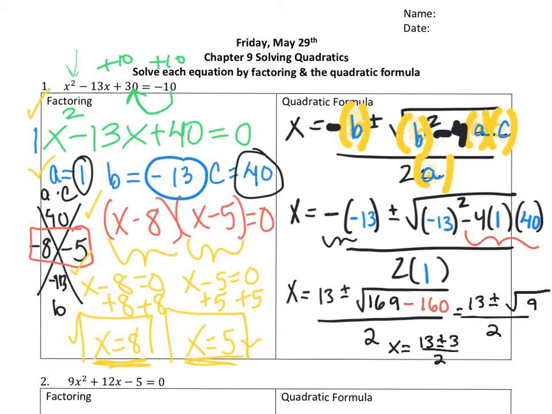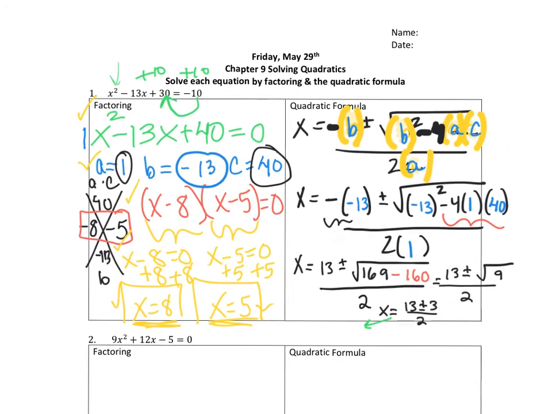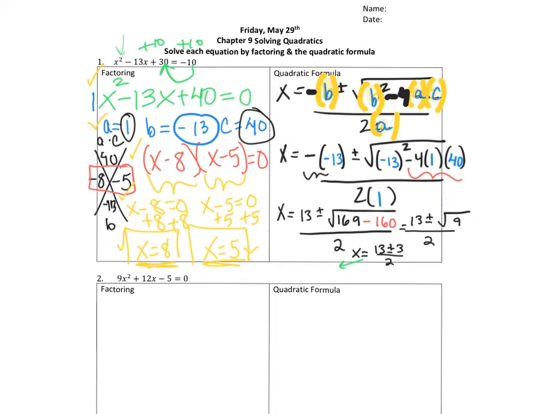Now, another thing that people are forgetting is you need to consider the two answers, right? Some people just stop there, or they do other things. So let's look at this. We would have x equals 13 plus 3 all over 2, which would get us 16 over 2, which would get us 8. So that would be one answer.